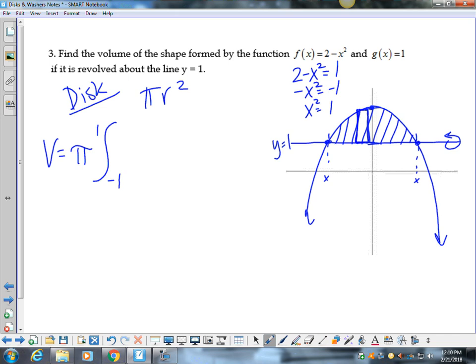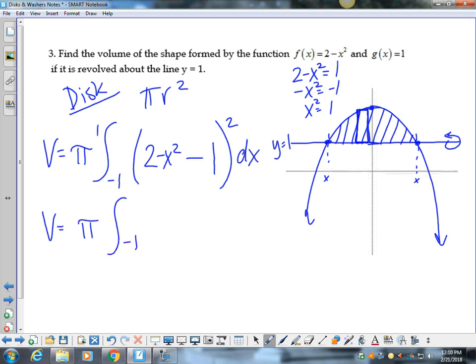Okay, the top of my function is going to be 2 minus x squared minus the bottom of my function, which is a 1. So that's the height of my rectangle. Let me square that dx. So I'm just going to clean.